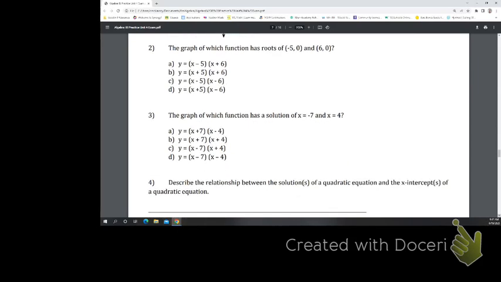So, from some of our notes, we had that roots, solutions, x-intercepts, zeros, they are all the same thing.